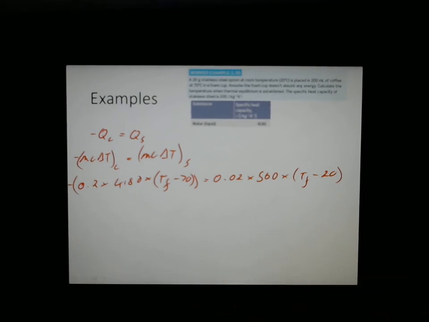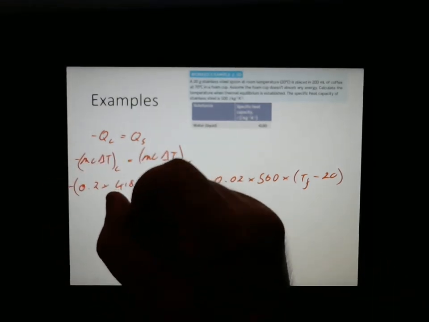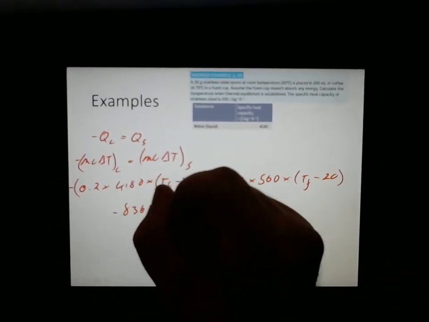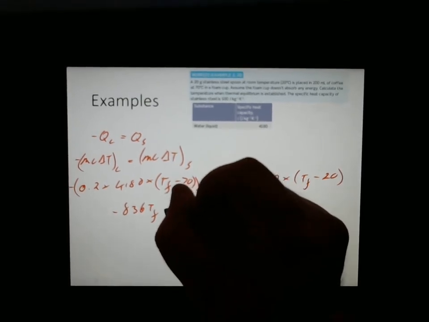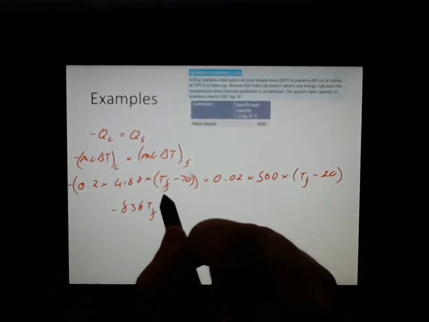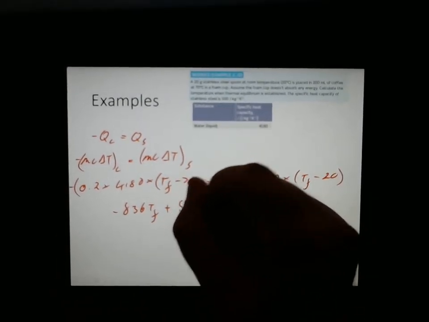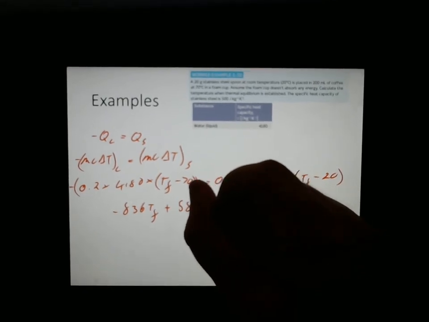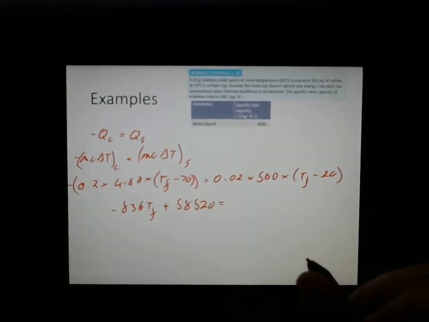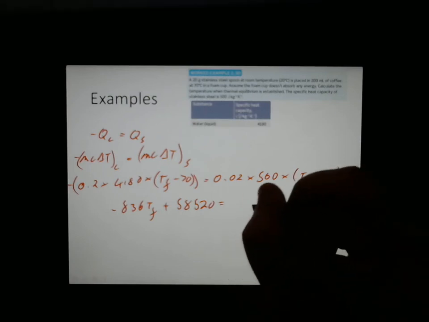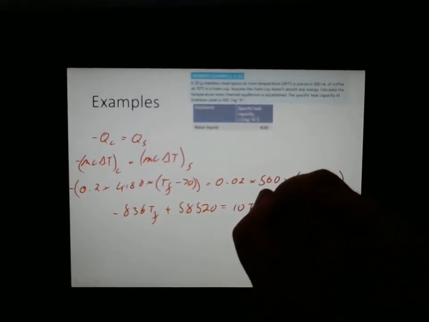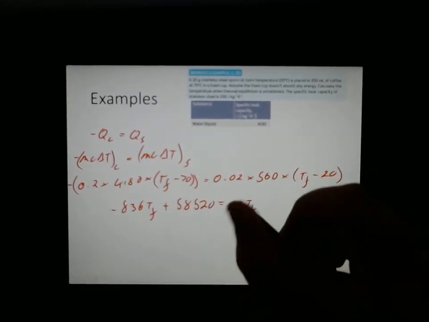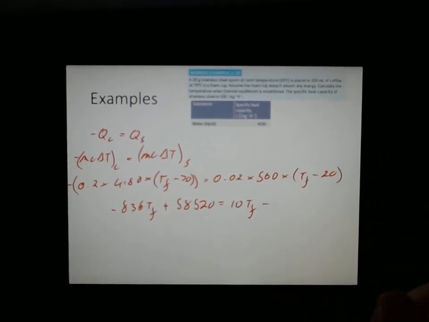We don't have the same materials, we can't cancel stuff off, so we're just going to work our way through it. If we propagate that through, negative 836 TF plus negative times a negative 520, and over on this side we're going to have 10 TF. Negative times positive is a negative, and take away 200.